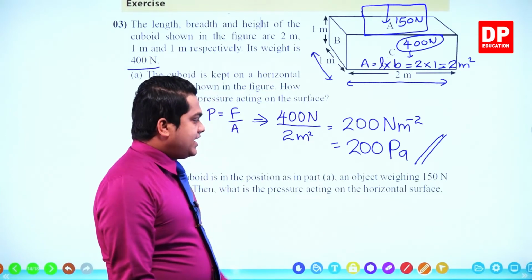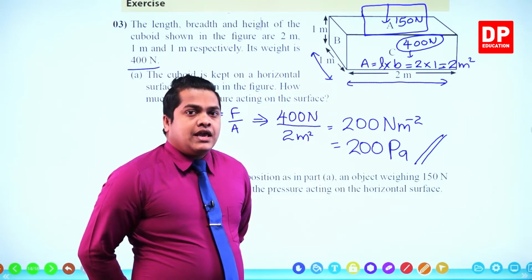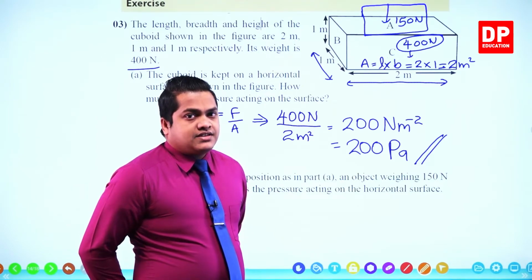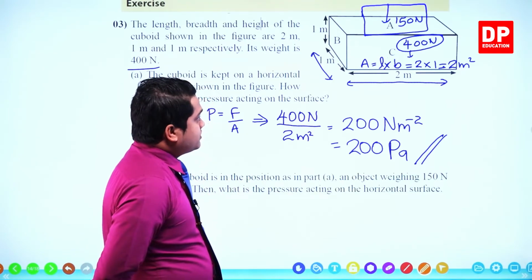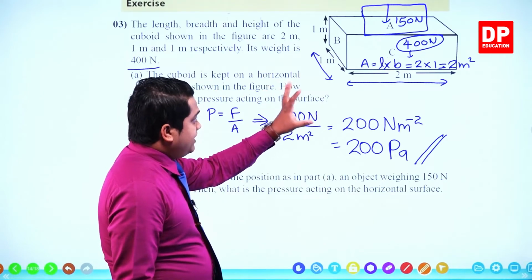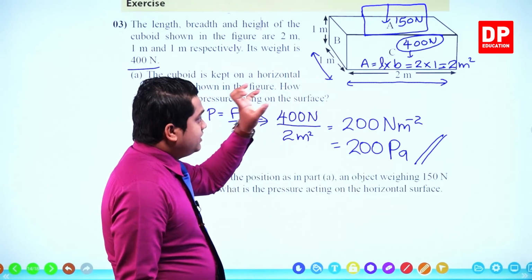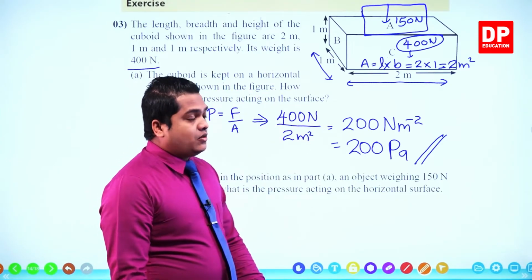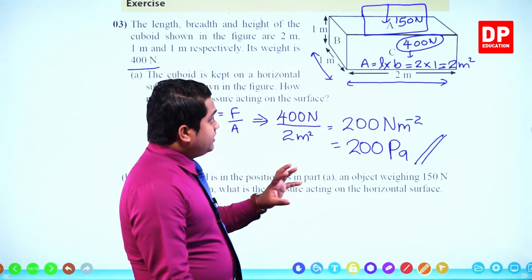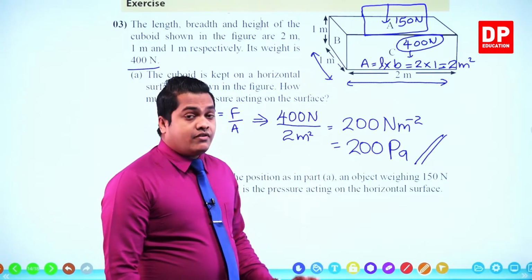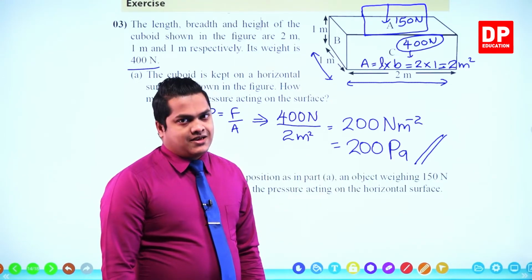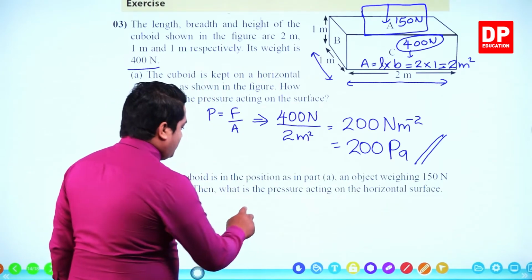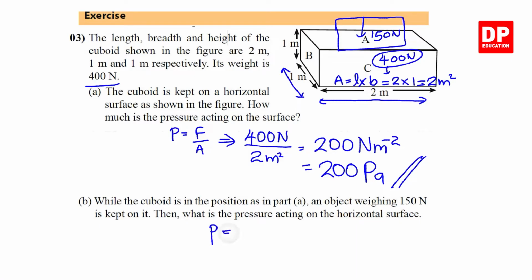Here they are mentioning that the box is placed in the same way as in the figure, but another extra weight of 150 is being placed. So you have to calculate the pressure. We'll apply the formula, very simple. P is equal to F over A.